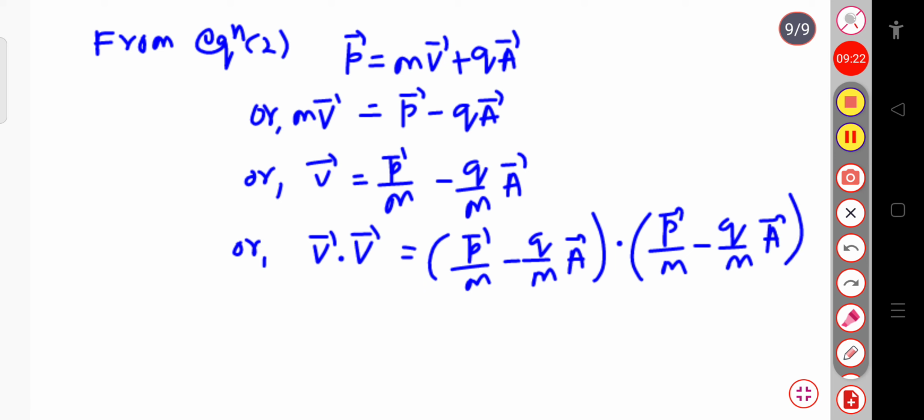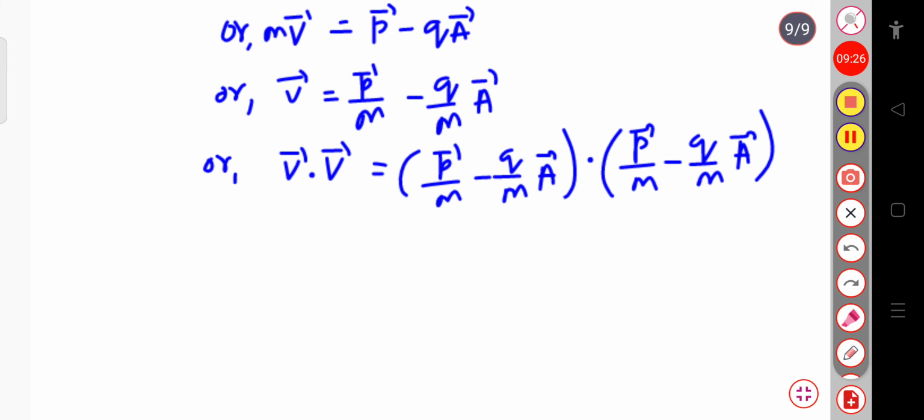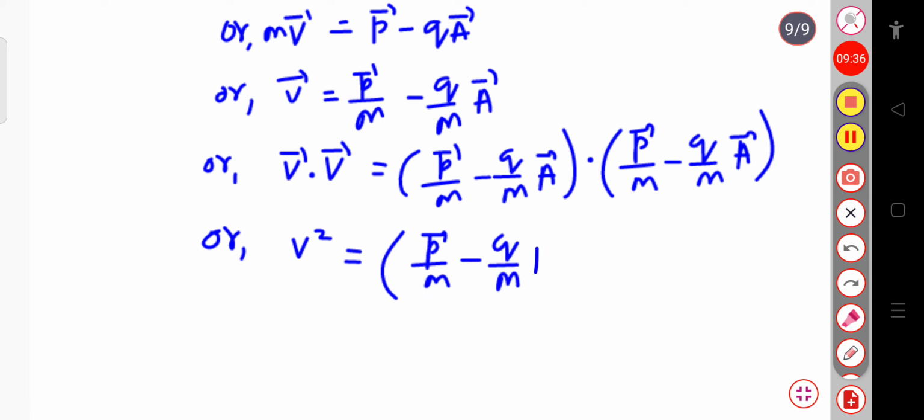So this is also the v value. Simply taking the square of this equation, I can write v square equal to p by m minus q by m a vector whole square. This is the value of v square.